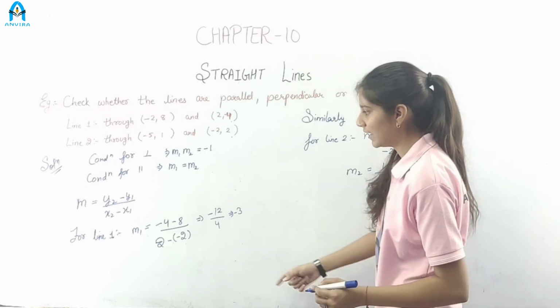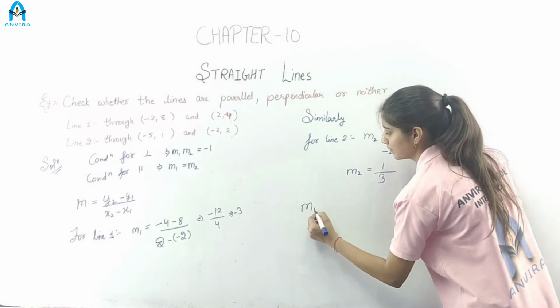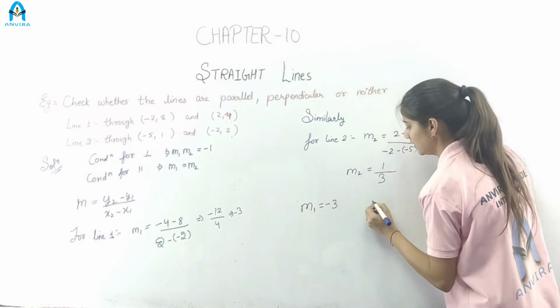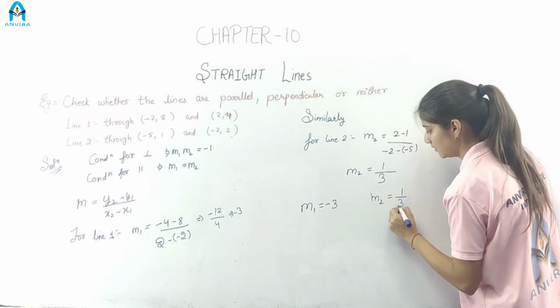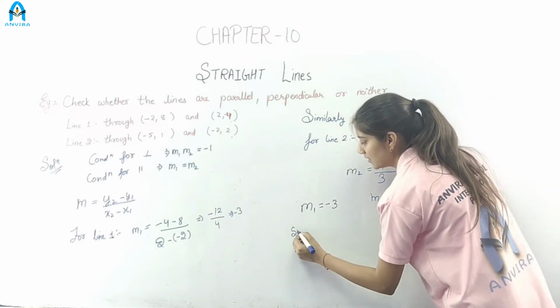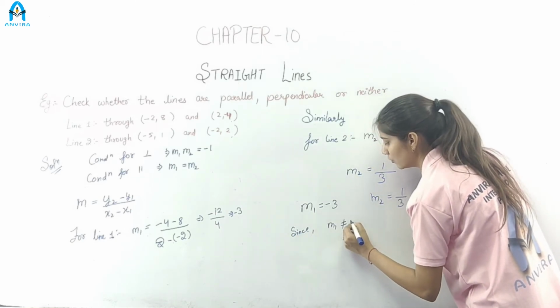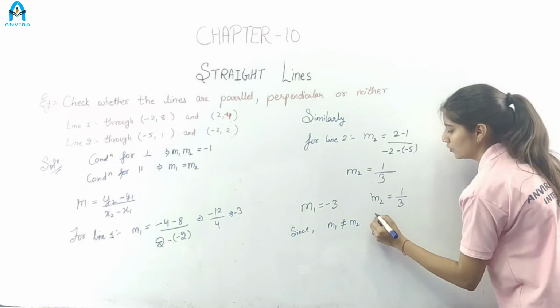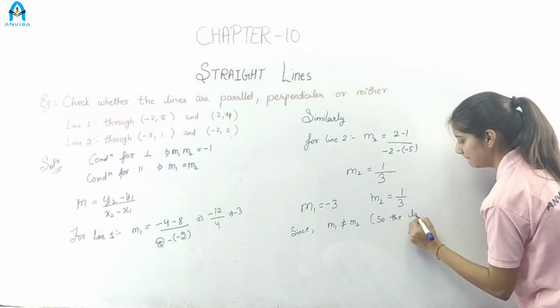So the value of m1 is minus 3, and m2 is 1 by 3. Since we can see m1 is not equal to m2, the lines are not parallel.